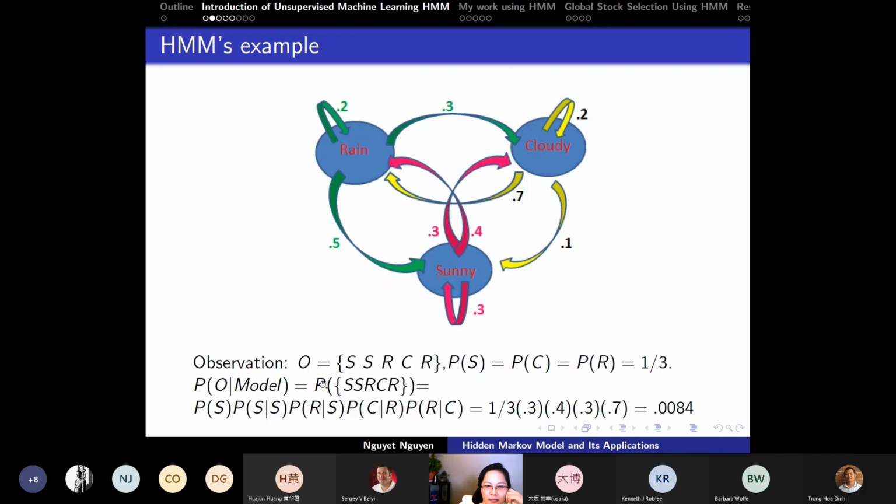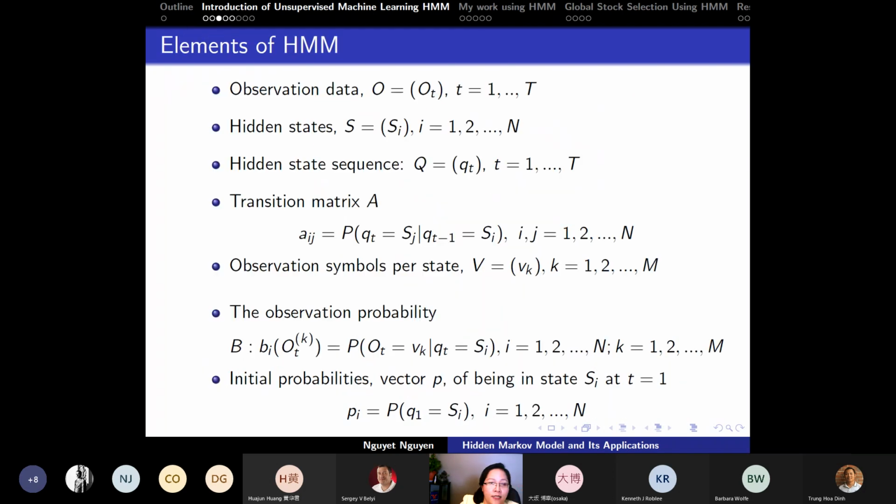So we can use this property to calculate the probability by conditional probabilities, and then you have the probability of observing a sequence of events like the weather for 1 week, like 5 days, which is 0.0084. So this is a simple example of what we can use the hidden Markov model for, simple weather prediction.